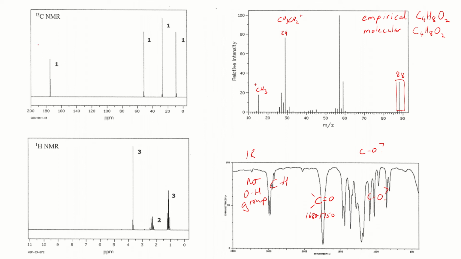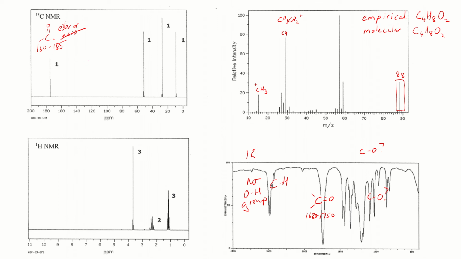It's in the 160 to 185 range. So I know that that is the carbonyl in either an ester or acid. Now, the infrared has told me there's no OH group, so I can rule out the acid. Again, make mentions of this, link them. So I know I've got an ester.